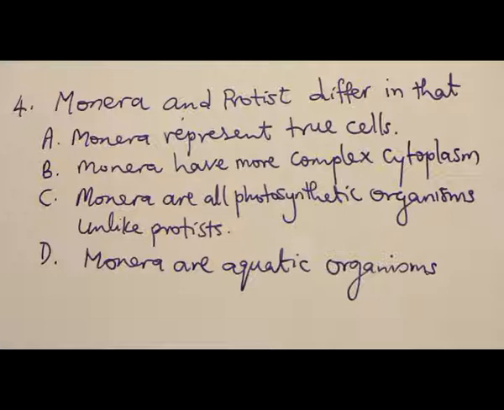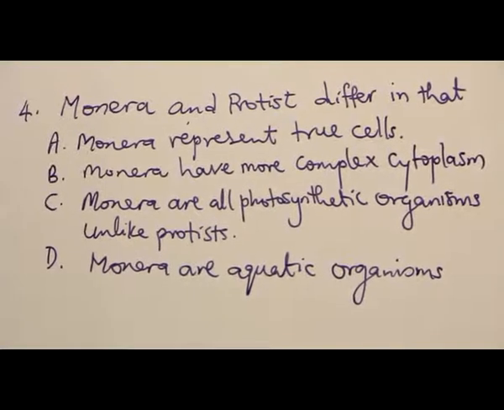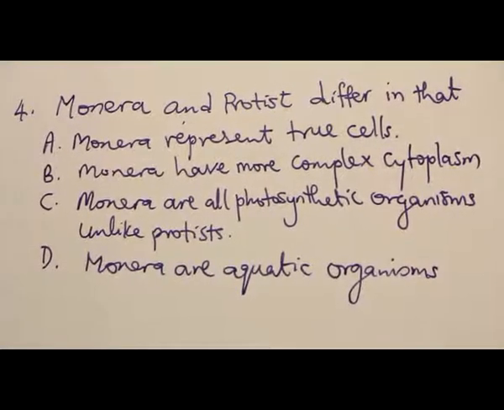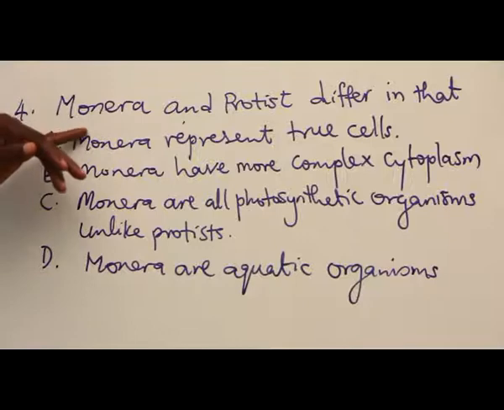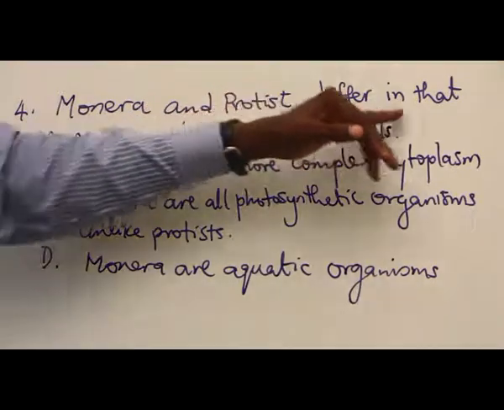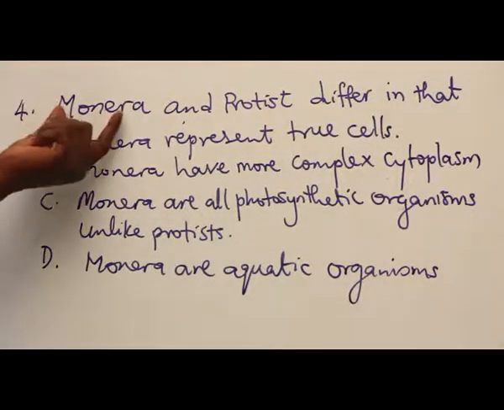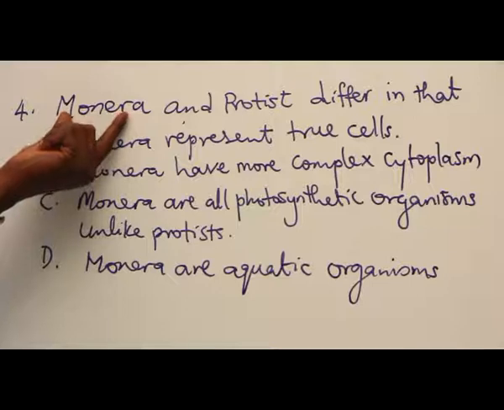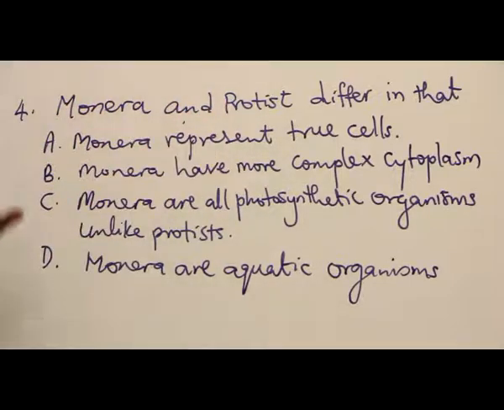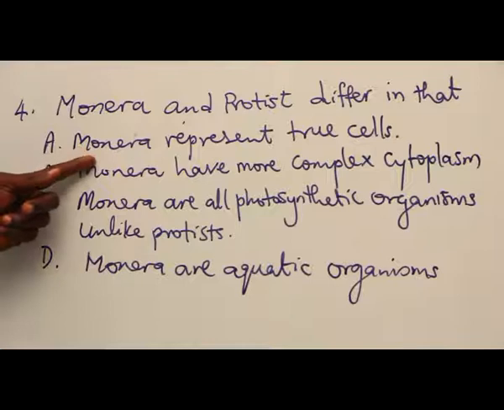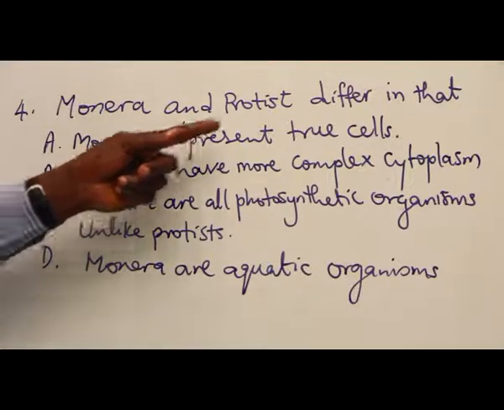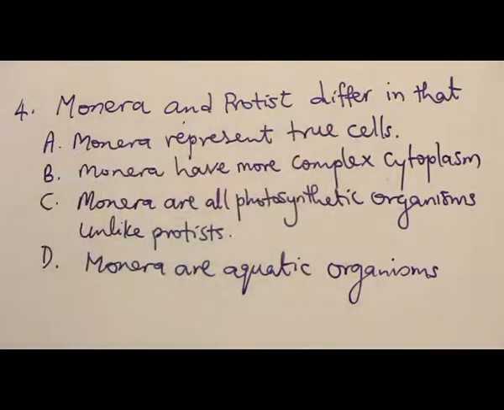Now go to number 4. Number 4 is more or less a deviation from the difference between plant cell and animal cell. But let's take it how they say. Monera and protists differ in that: A, Monera represents true cells.